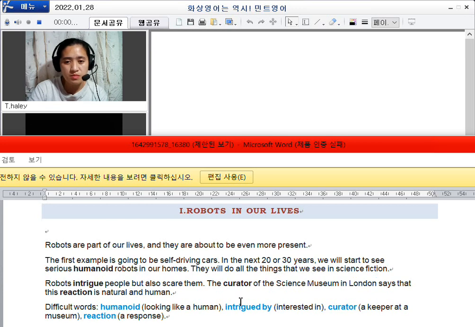This article is about the robots, which have been part of our lives. The article says that the major example of the robots is, say, self-driving cars.